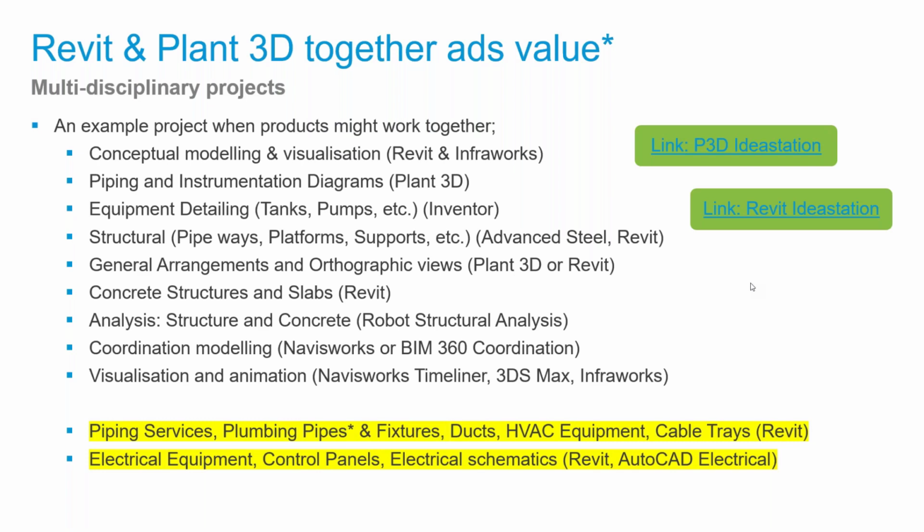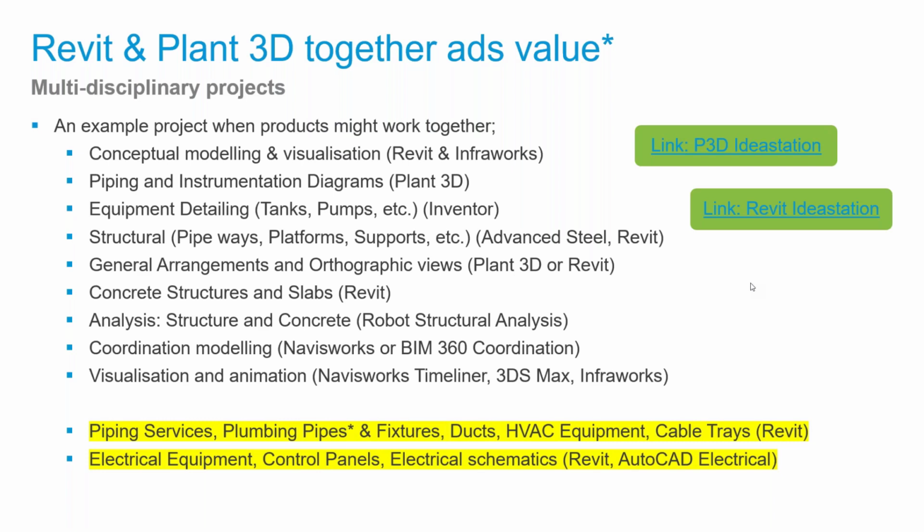For piping and instrumentation, of course, schematics and diagrams, we will use the P&ID feature, which is part of Plant 3D now. For equipment detailing, we can use Plant 3D, but the detailing itself, we will use more or less Inventor. It's a very powerful product for this equipment detailing.